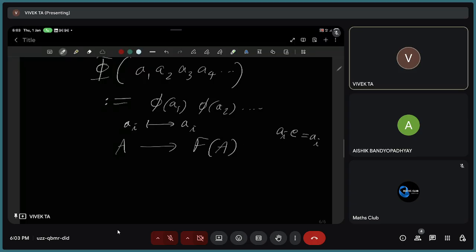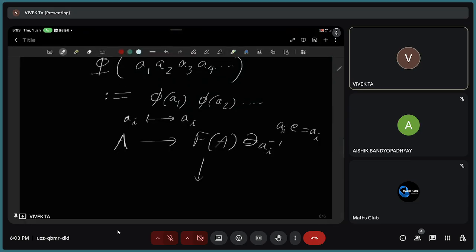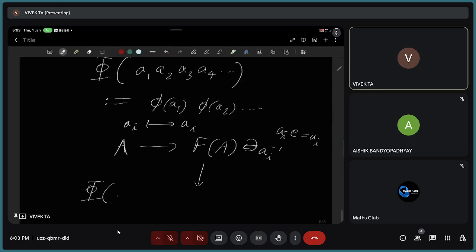A inverse is in this territory. There is no A inverse in A. A inverse exists here. So now you define Phi of ai inverse to be equal to phi of ai and then the inverse of that in H. This is how I define Phi of ai inverse.